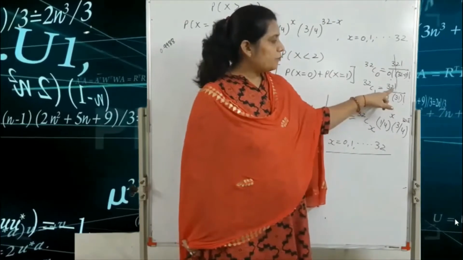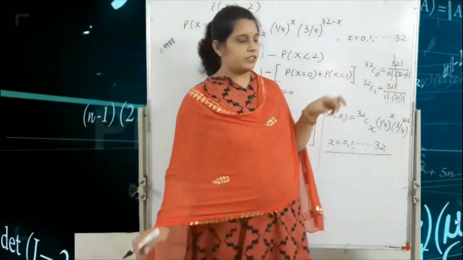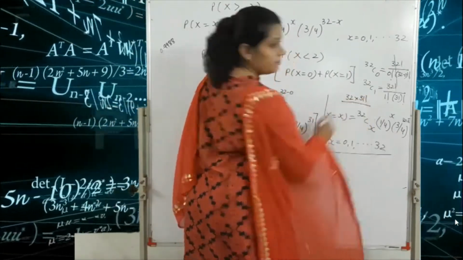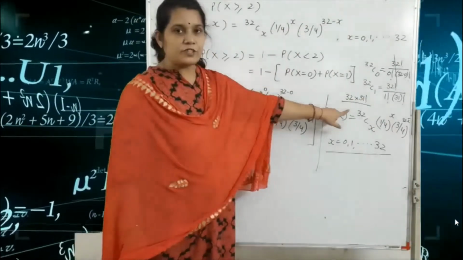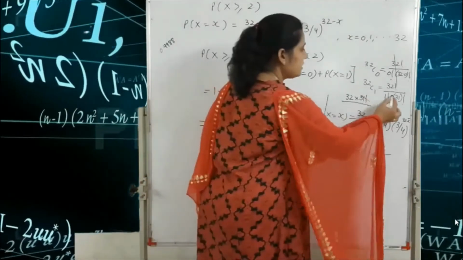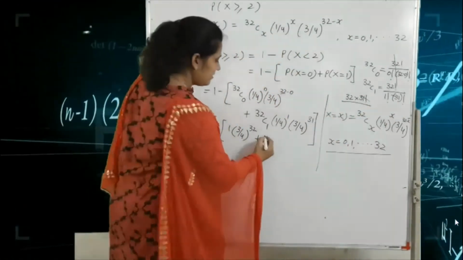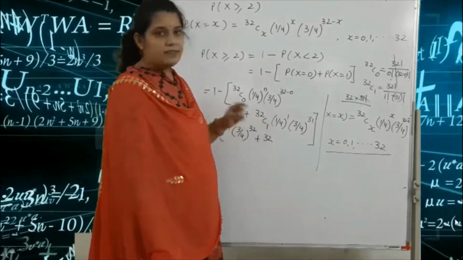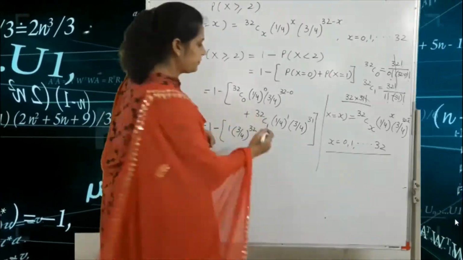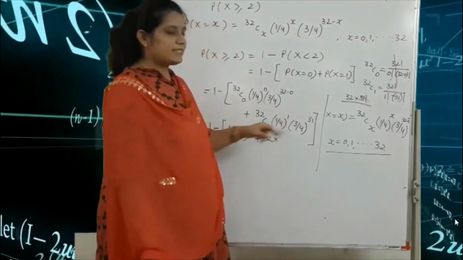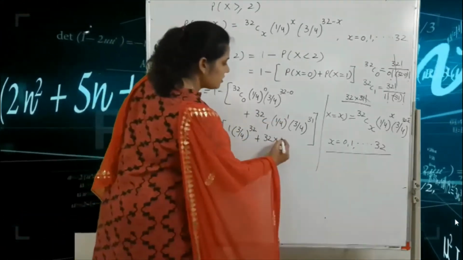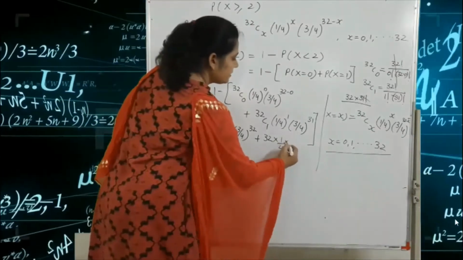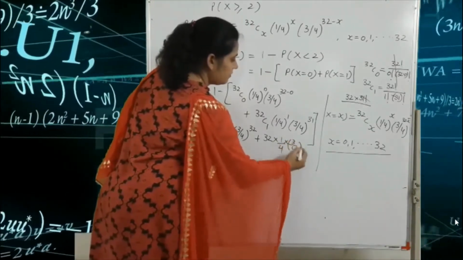If we open factorial 32, we write 32 times factorial 31, so 31 and 31 cancel and we get 32. That means 32C1 is 32 times (1/4)^1, that means 1/4, times (3/4)^32.